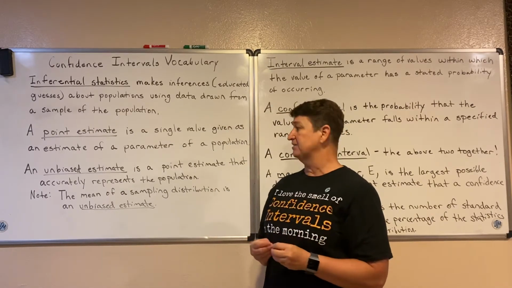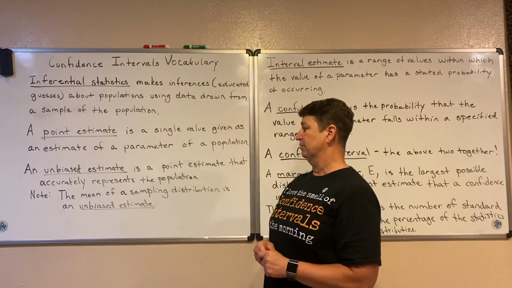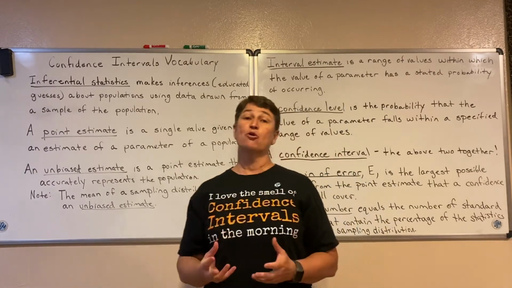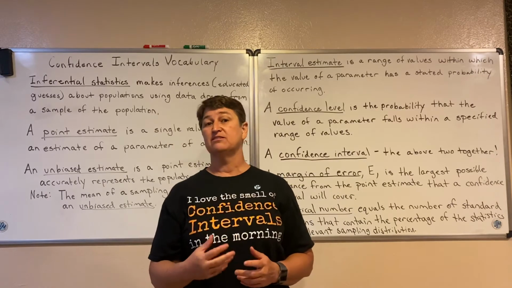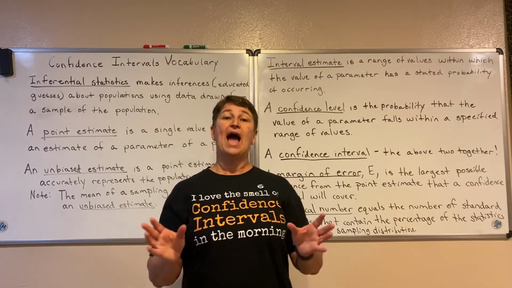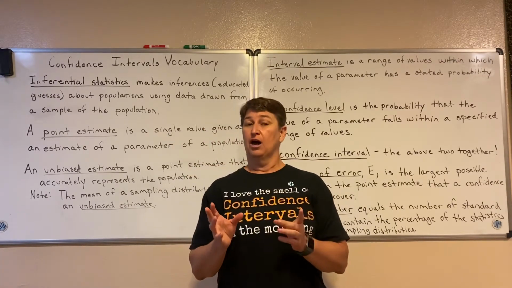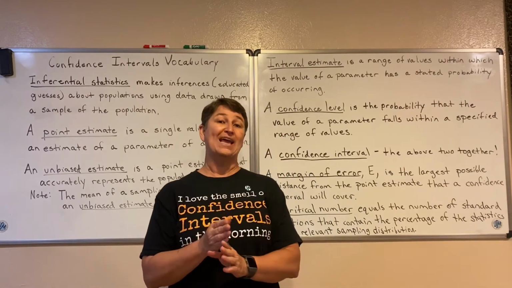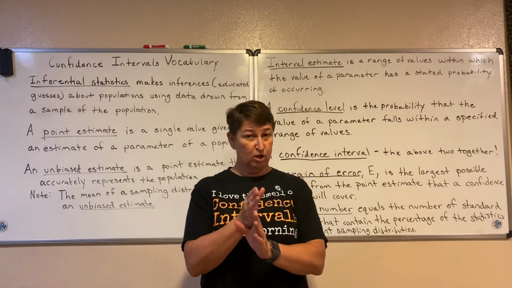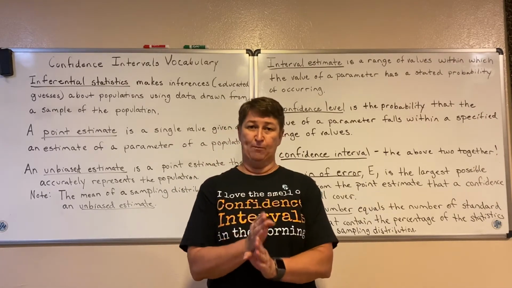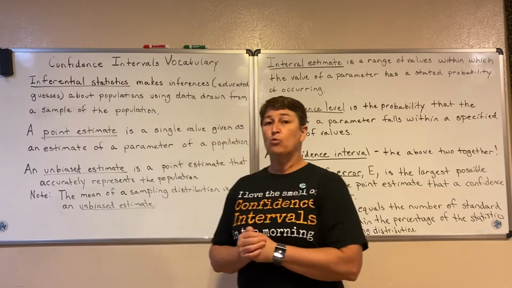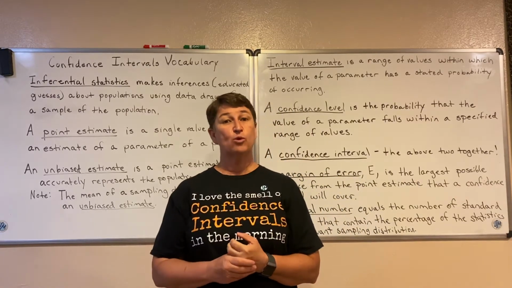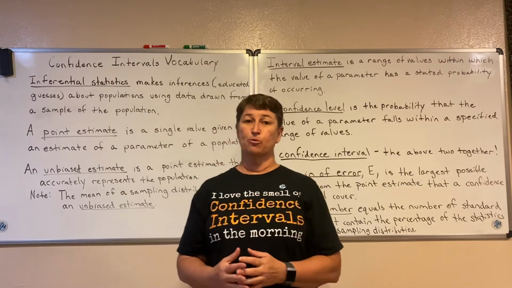An unbiased estimate is a point estimate that accurately represents the population. Remember that statistical bias just tells us how close a statistic is to that parameter. So we want an unbiased estimator, which means that we want it to be the same as our parameter.